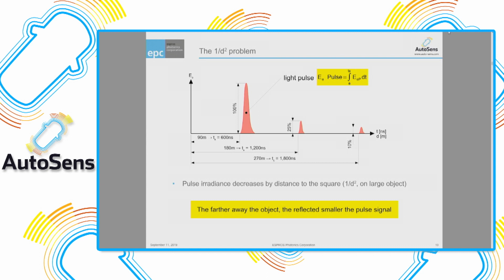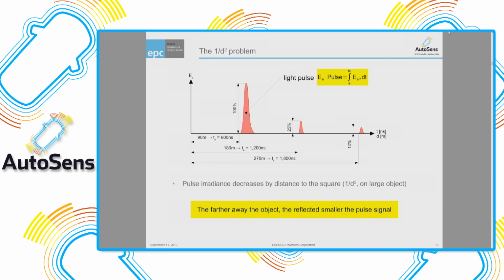There is one more problem to consider, which does not help in this respect. If you're looking at an object which is 90 meters away, the travel time of the light is 600 nanoseconds. And let's assume the reflected pulse is 100%. That's to normalize it at 90 meters.